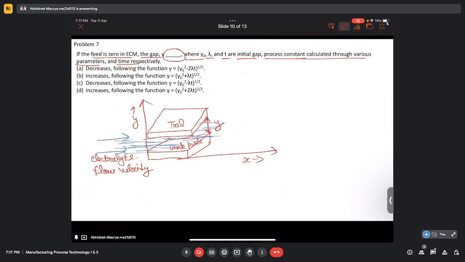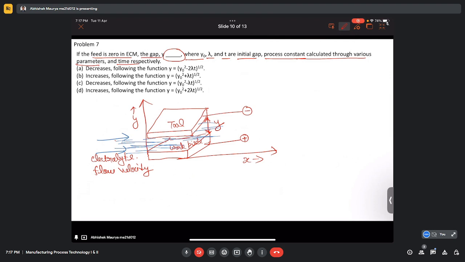We are connecting the tool to negative potential and the workpiece to positive potential. As soon as we apply a voltage across the tool and the workpiece, material removal takes place because of electrochemical dissolution of the workpiece.